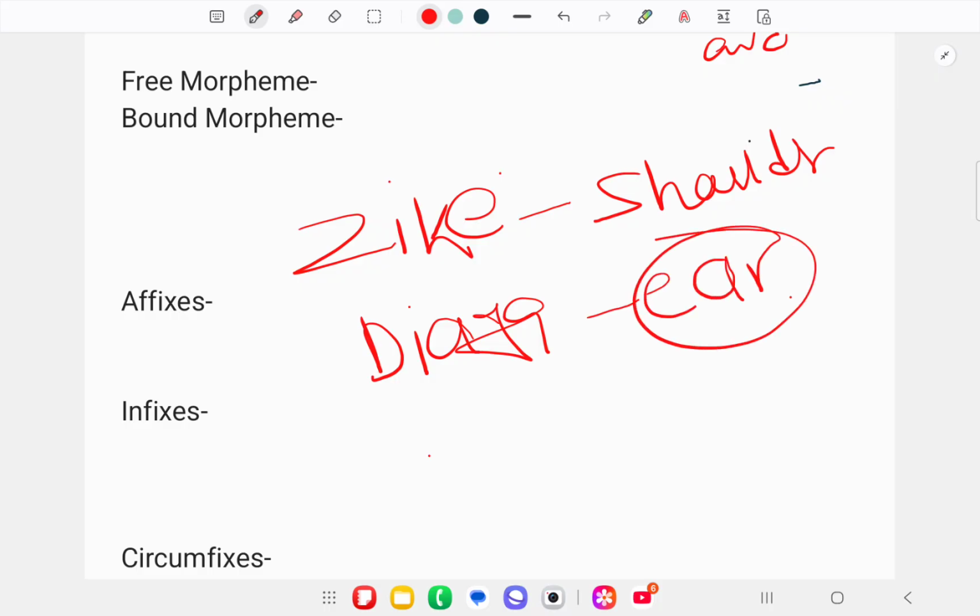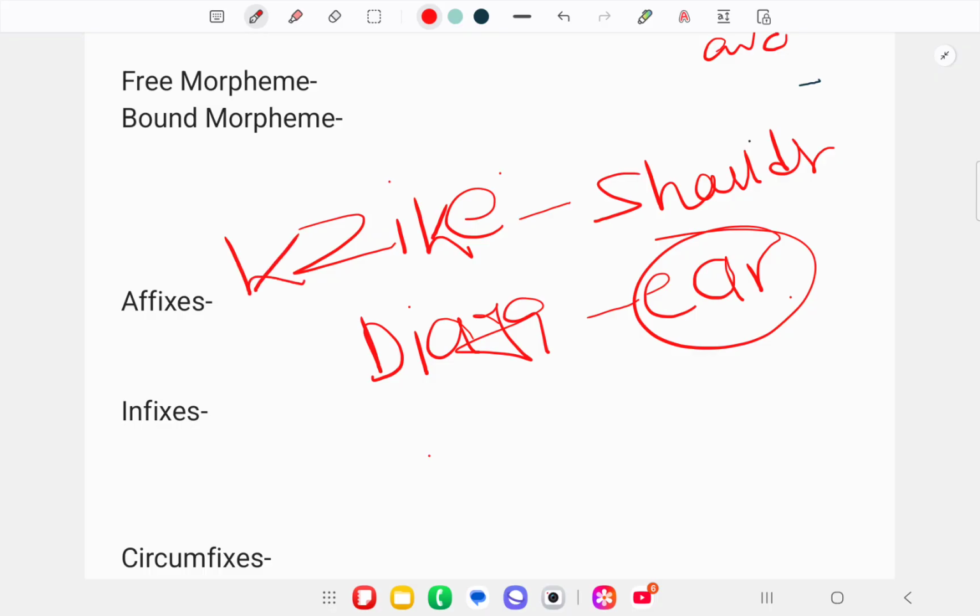When they make a plural in their language, they never attach in the suffix position, the final position of the word. They attach in the prefix position, that is ka.